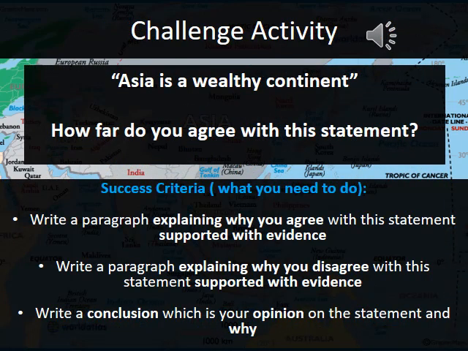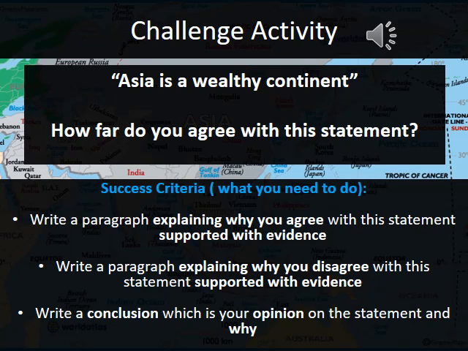Right, for those of you who want a bit more of a challenge, I'd like you to put your answer in terms of a response to the statement, Asia is a wealthy continent. In your response, I'd like 3 paragraphs. The first paragraph explaining why you agree with that statement and using evidence that you get from your own research as well as the evidence that's on the GNI diagram.